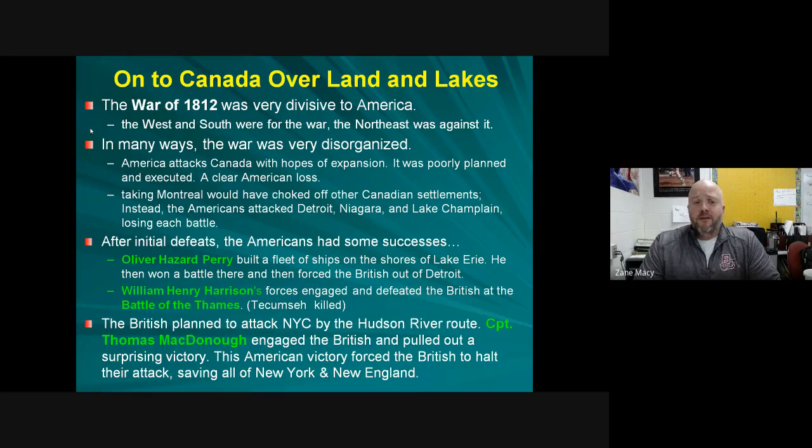It was a threat to the United States, but we invaded Canada in hopes of gaining more territory, expanding the size of the United States, like we had already done with the American Revolution and the Louisiana Purchase.